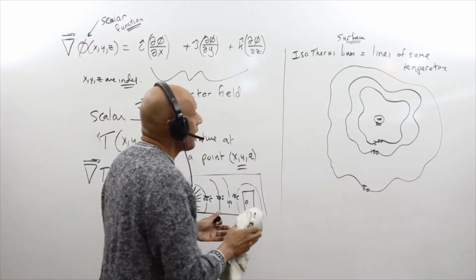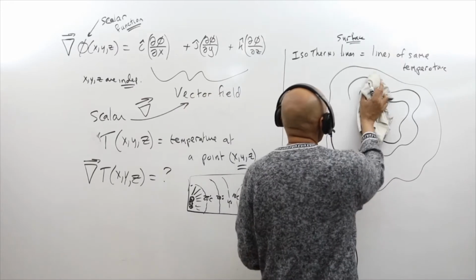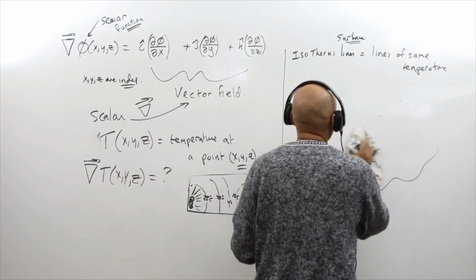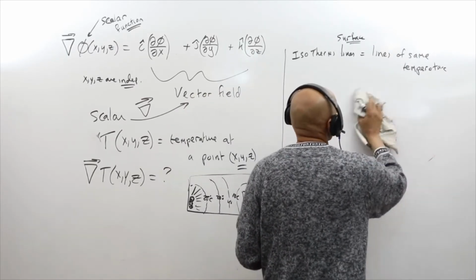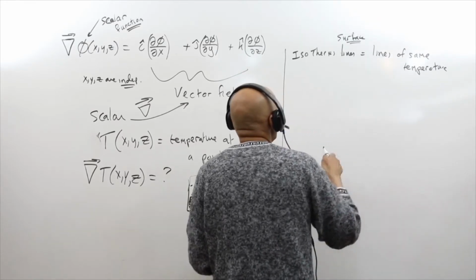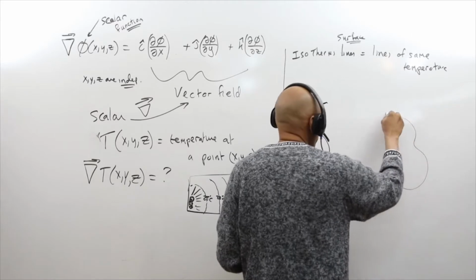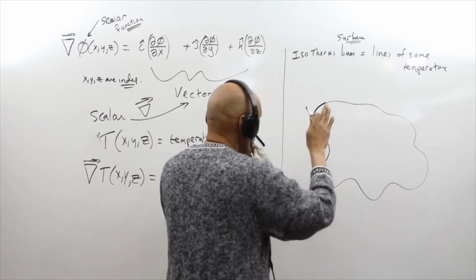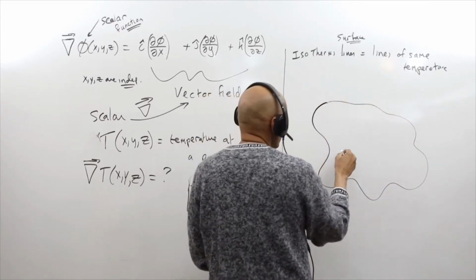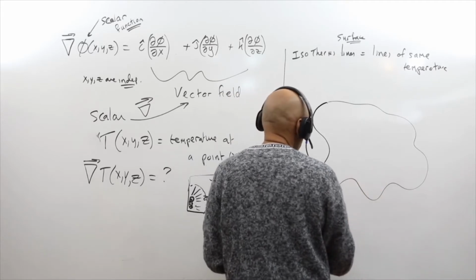So let's imagine that I'm going along one of these surfaces. Here is an isothermal surface. It's a surface, but I'm only looking at it in 2 dimensions, so I'm cutting it. So imagine that I have a position vector.